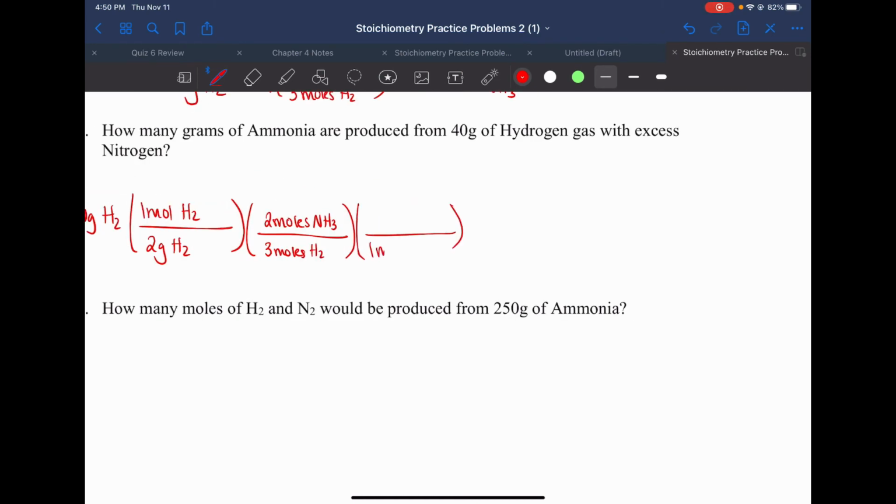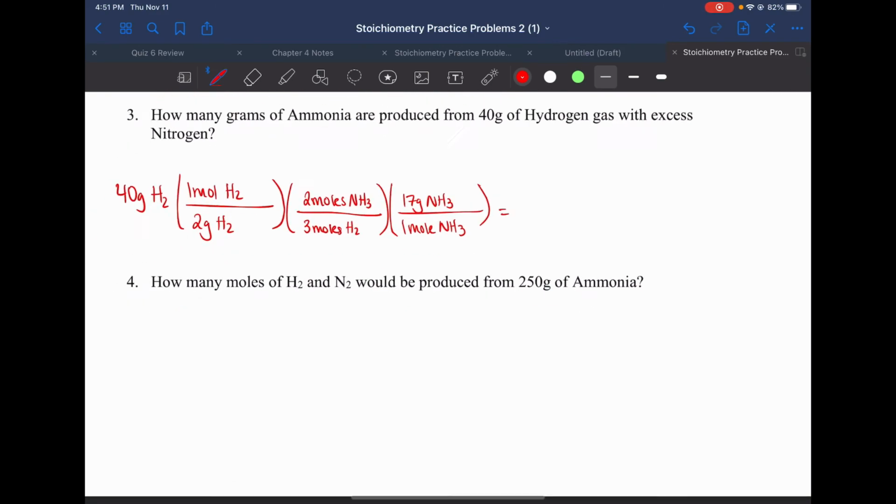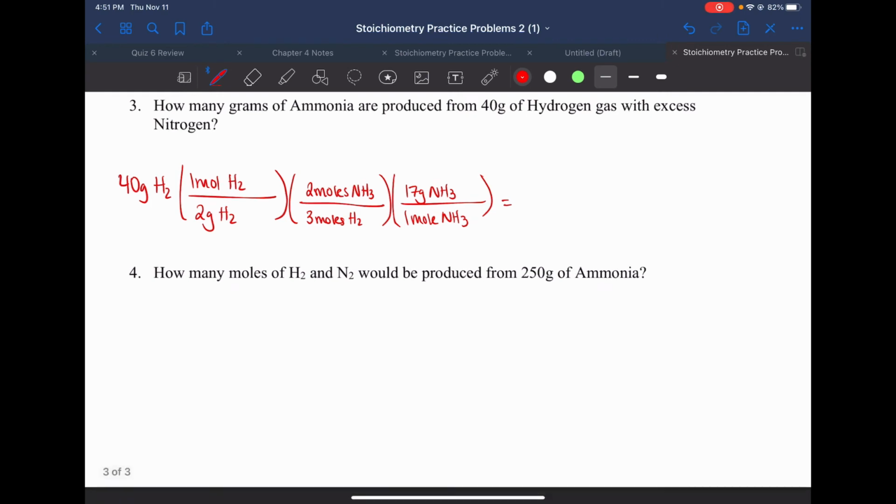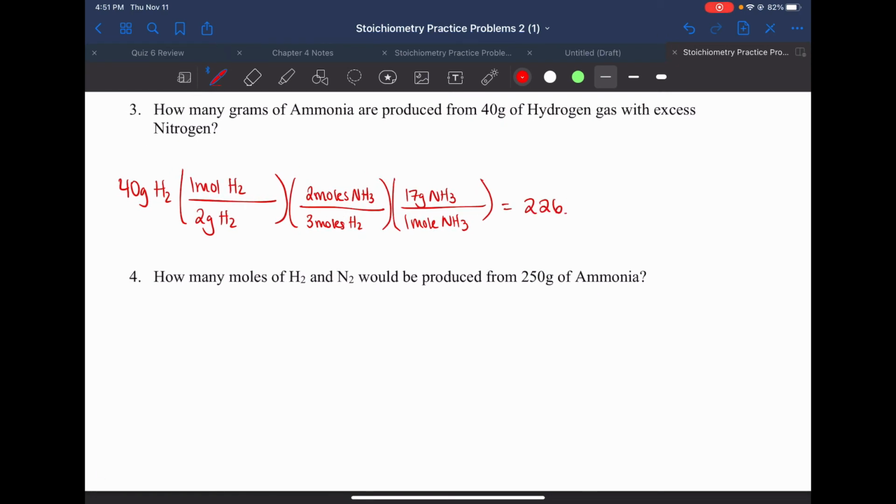And for every 1 mole of NH3, we form 17 grams of NH3. So 40 times 2 times 17, I'm doing all the numerators first, dividing it by 2 times 3, which gives us 226.67 grams of NH3.